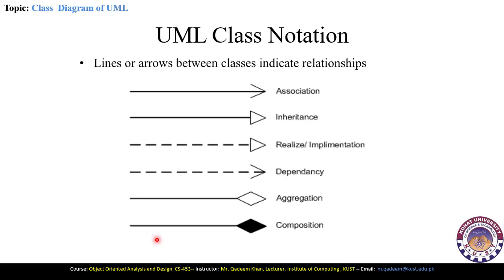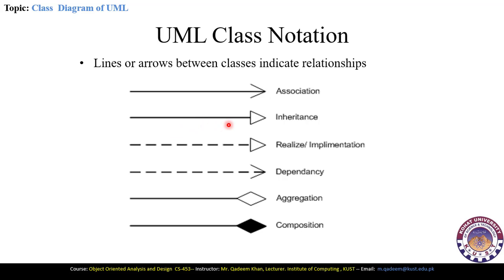Now you can see these are different sorts of arrows between classes which show relationships among the classes. The first one is called association, but it is a unary association. It is not binary, because the arrow shows that the relationship of one class is towards another class only, while the other class cannot access this class, so only a one-directional association is provided here.